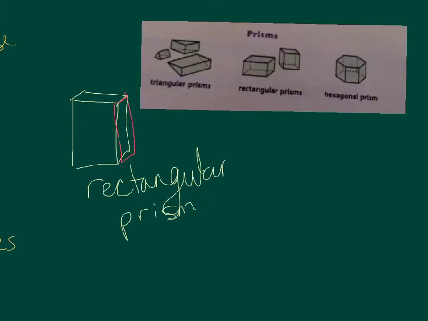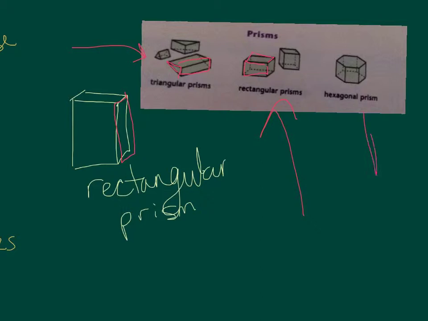Here we have an image that shows us more prisms. For example, the triangular prism we see here has a triangle right there, but you see that the side is a rectangle. Same with the rectangular prism. It's a rectangle and has the base of a rectangle.